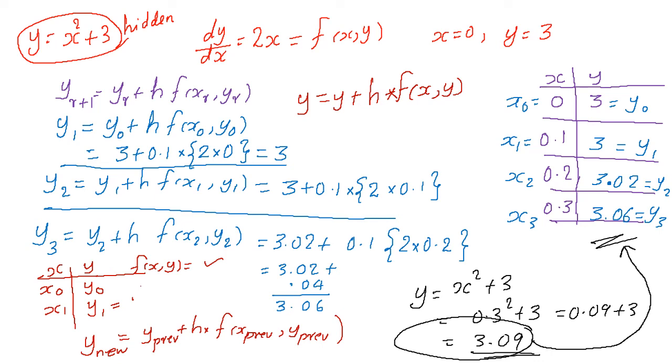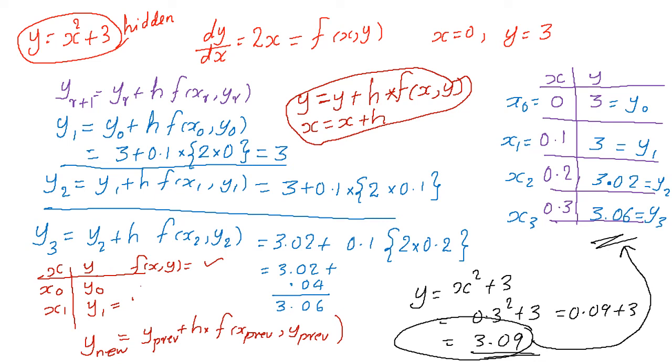And x is to be replaced with previous value of x plus h. So these steps must be repeatedly done until you march from x0 to the given point x. So this is the algorithm.